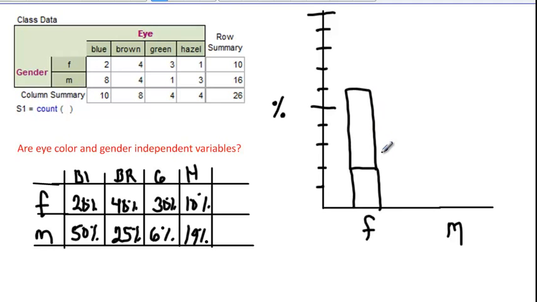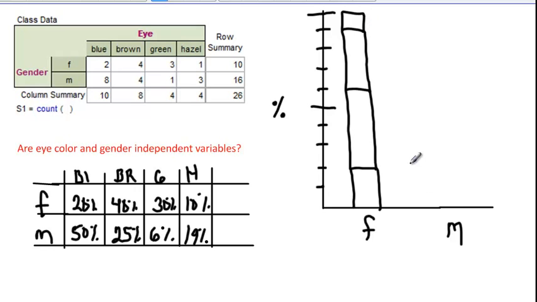This represents my brown-eyed students. 30% have green, so I'm at 60. Another 30% will bring me up to 90%. And finally, 10% have hazel, so 90% plus 10 brings me up to 100%.